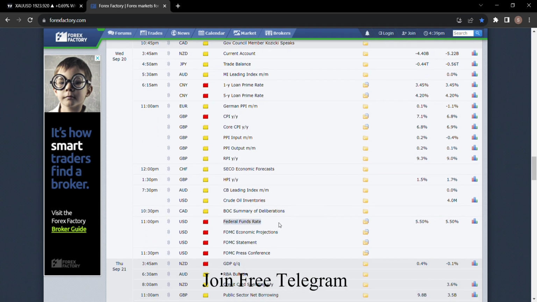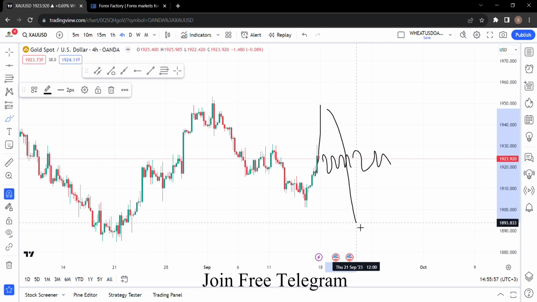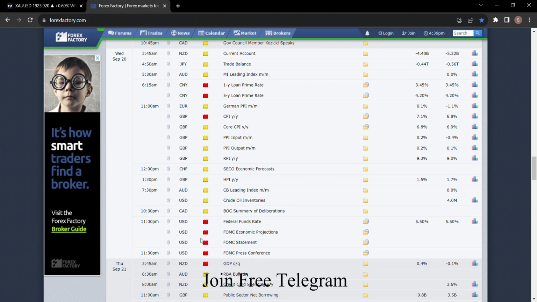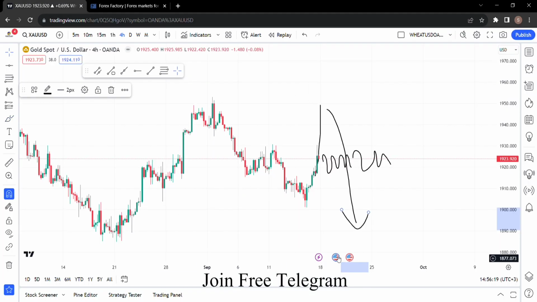Yes, federal fund rate FOMC, which is my favorite news. FOMC is going to happen, which means gold will show maximum movement towards the upside or towards the downside. FOMC is the biggest news of USD, and we will have some action on that day, but it will, according to my time, be 11 p.m. and we have a press conference as well, which means we have some actions on Wednesday.